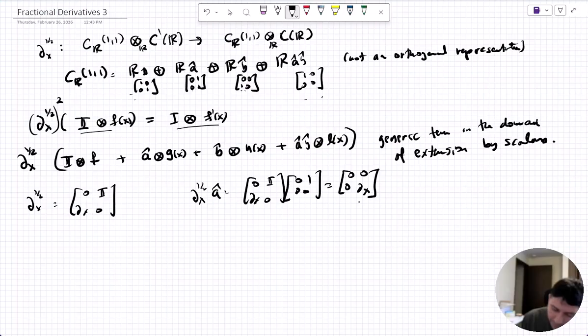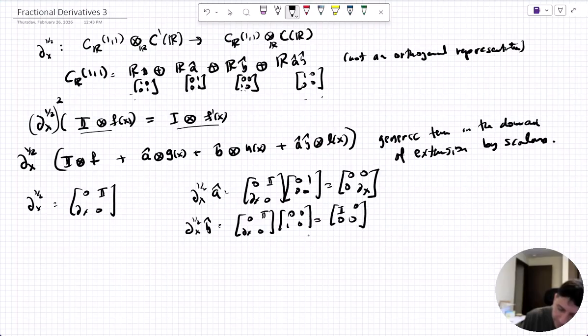Right, that's that operator right there. So it's going to be 0, I, d/dx, 0, 0, 1, 0, 0, from which we get the identity over here, 0, 0, 0, 0, right?